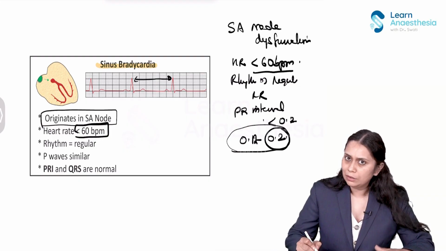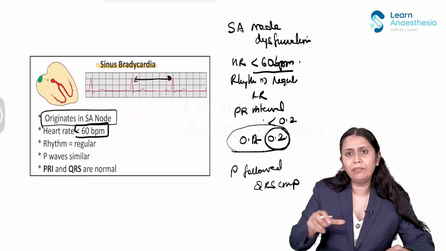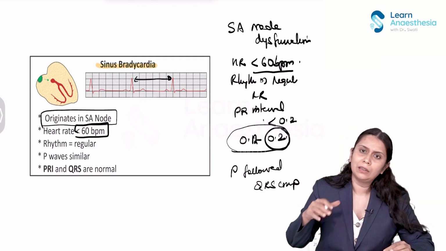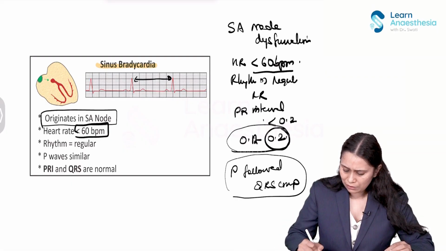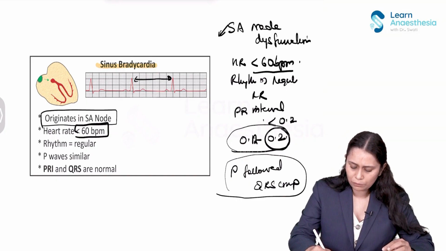And every P is followed by a QRS complex. So every impulse from the atria is going to the ventricles. So this is sinus bradycardia, and mostly the origin is from the SA node.